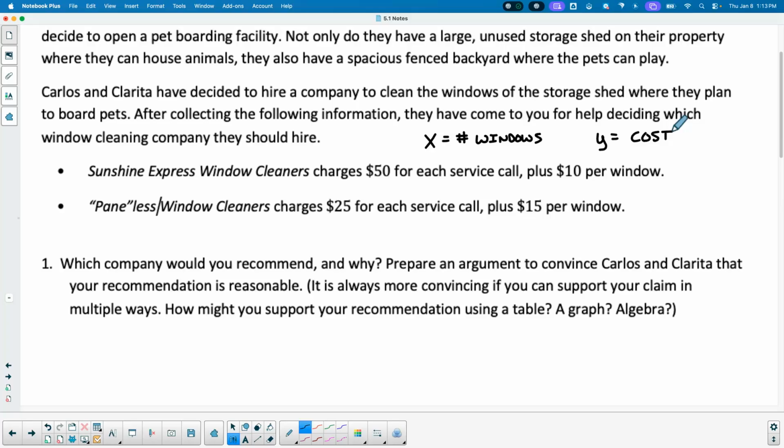So the cost here would be Y equals how much per window? 10x, so that's 10x, plus 50, because it costs them $50 no matter what to come out, okay? And then $10 per window. So the equation there for that one is Y equals 10x plus 50. What would the equation be for painless windows?